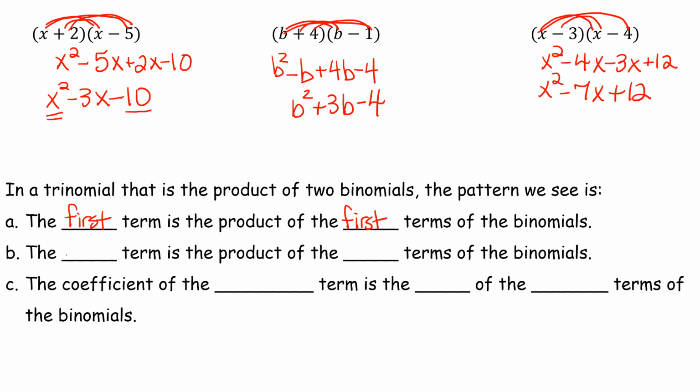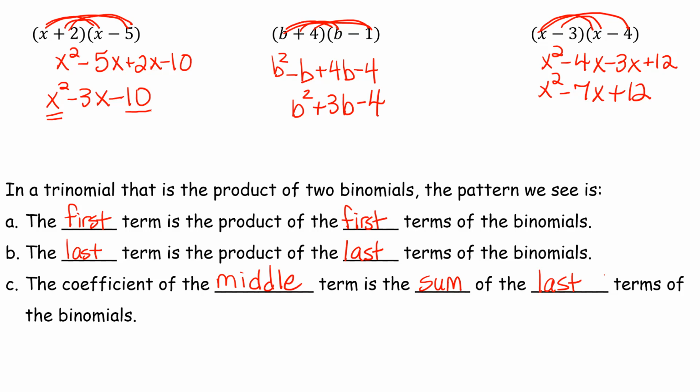The last term in the trinomial is the product of the last terms in the binomials. The coefficient of the middle term in the trinomial is the sum of the last terms of the binomials. So we're going to use this fact to factor trinomials.